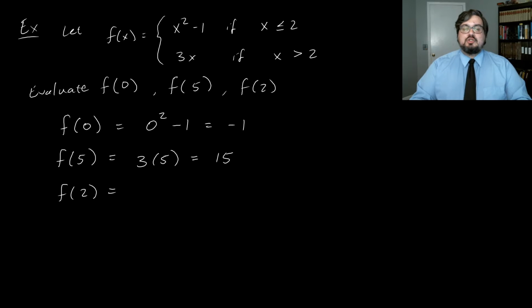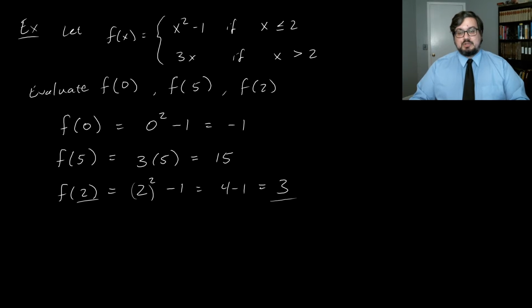In this case, 2 is less than or equal to 2, so we're going to use the first formula. 2 is not greater than 2, so we can't use the second formula. So f of 2 is 2 squared minus 1, which gives us 4 minus 1, which is 3. So that means that the function has an output of 3 when the input is 2.